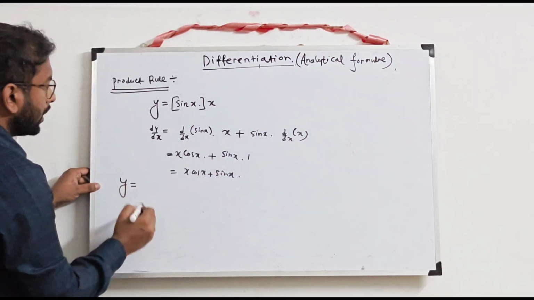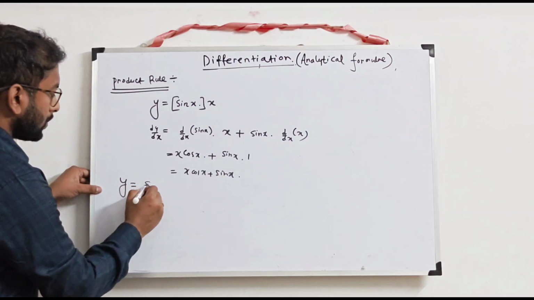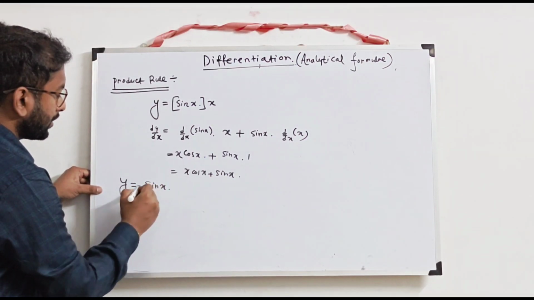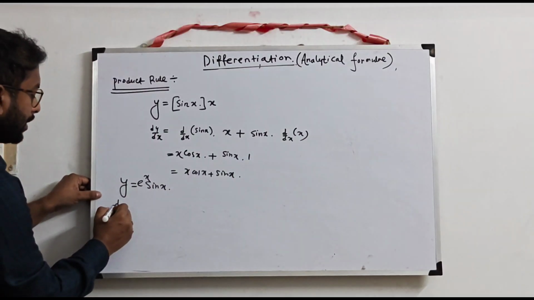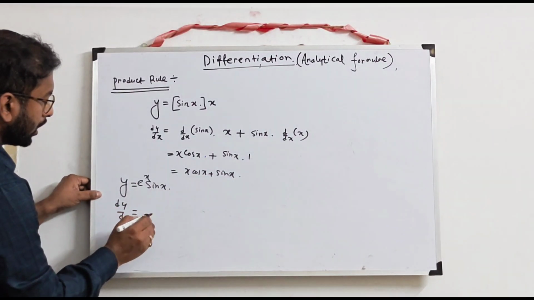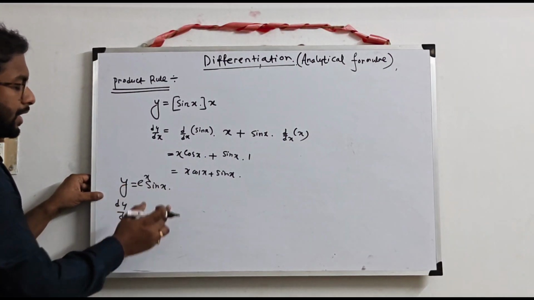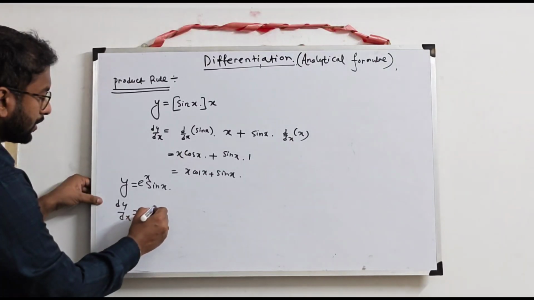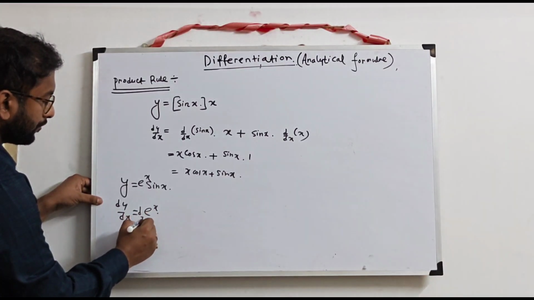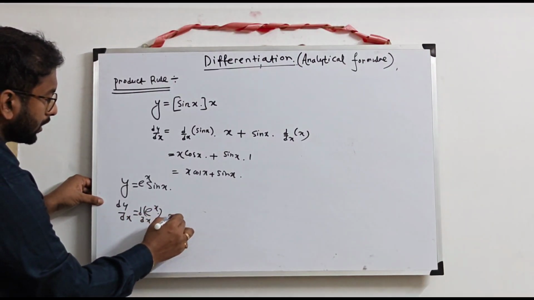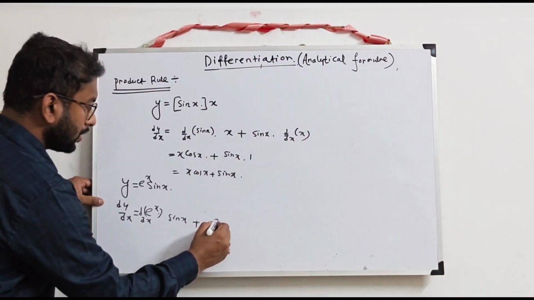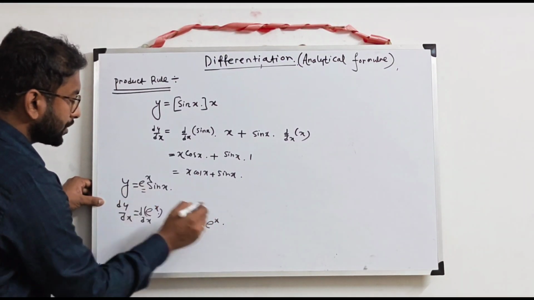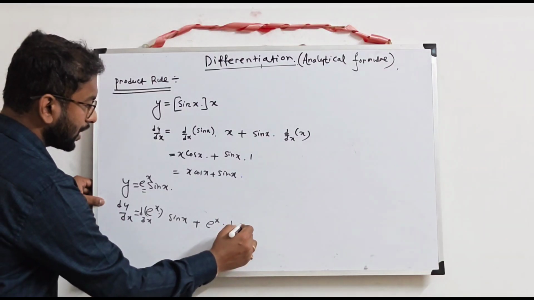Let's say y equal to e to the power x sin x. Then dy/dx is, there are two functions, one is e to the power x, another is sin x. So first we will differentiate the first function, d/dx of e to the power x, keeping the other function constant, plus first function constant, just differentiate the second function.